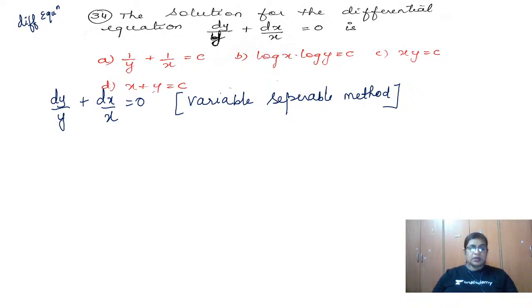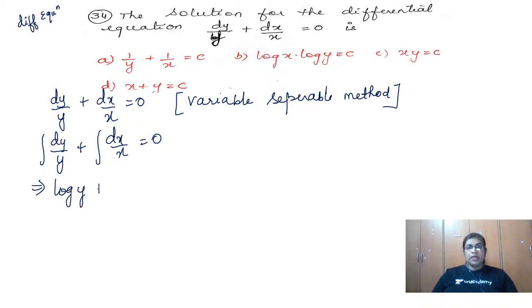So I'm integrating dy by y plus integrating dx by x is equal to 0. What is integration of 1 by x? It is log x. So what is integration of 1 by y then? It is log y. So log y plus log x is equal to, here I write the constant as log c. Whether I write c or log c does not make any difference, but I have to reach the option, so I wrote log c.